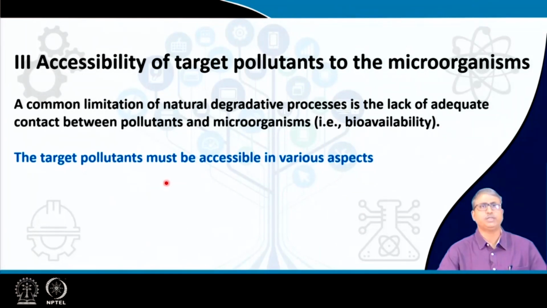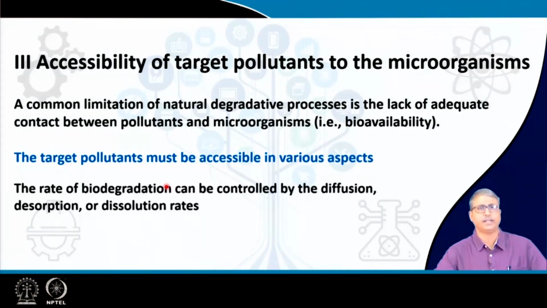The target pollutant must be accessible to the bacterial strains or the archaeal strains or the fungal strains, and unless they are in the aqueous phase, because microorganisms will work only in the aqueous phase. So, the pollutant molecule should be available in the aqueous phase, from where the microbes will be able to interact.